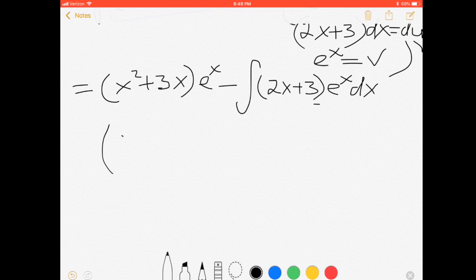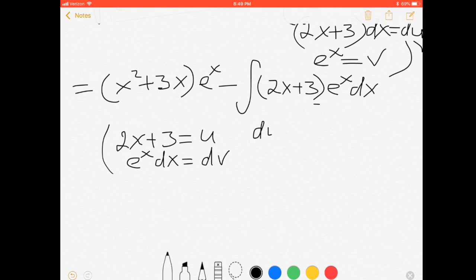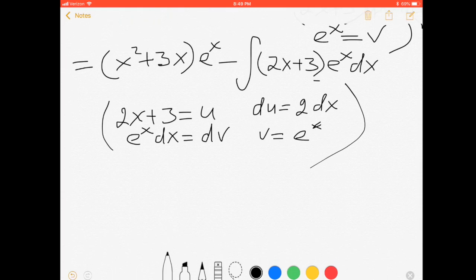Okay, let's go: 2x plus 3 will be u, and e exponent x dx will be dv. Then du will be 2dx, and v will be e exponent x. Okay, great. What do we have?